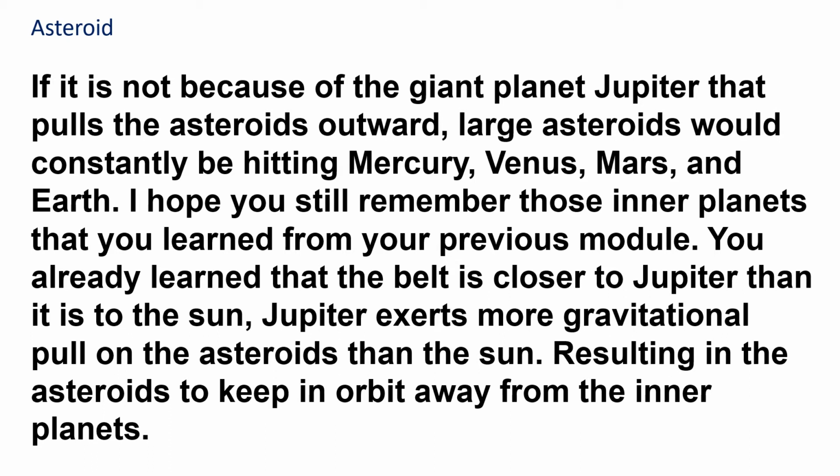What are those inner planets? You already learned that the belt is closer to Jupiter than it is to the Sun. So Jupiter exerts more gravitational pull on the asteroids than the Sun, keeping the asteroids in orbit away from the inner planets.